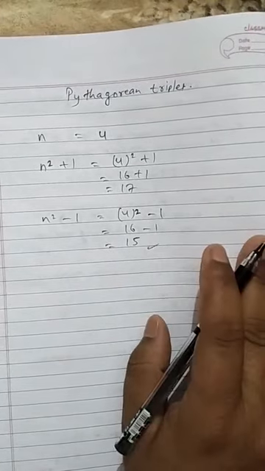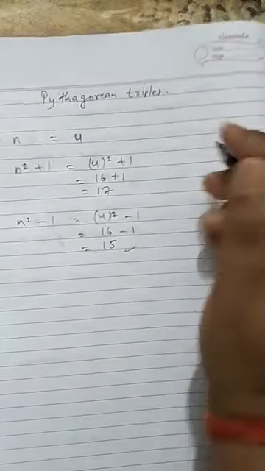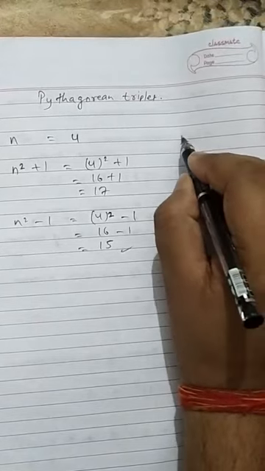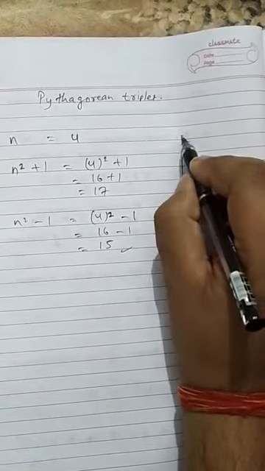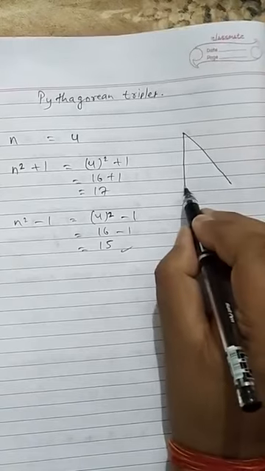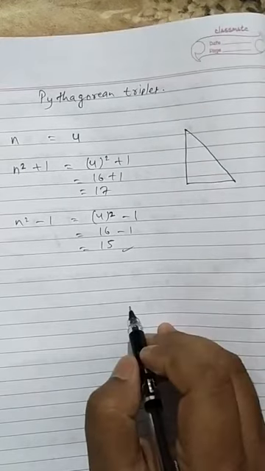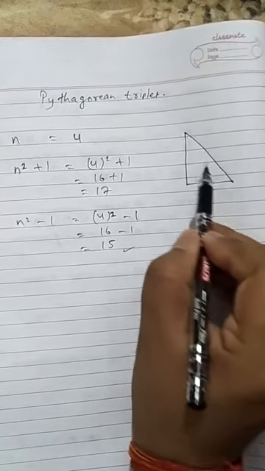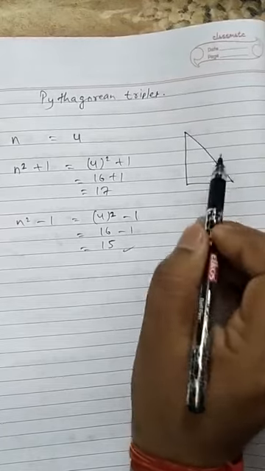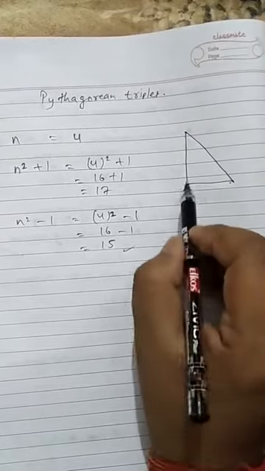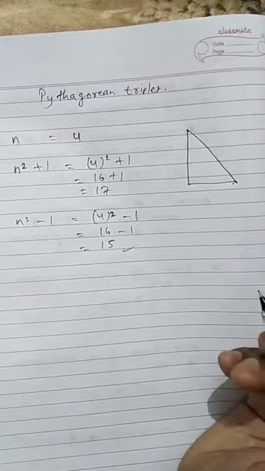Now what is this? This is a right angled triangle. This is the hypotenuse of this right angle triangle, this is the base, and this is the perpendicular.